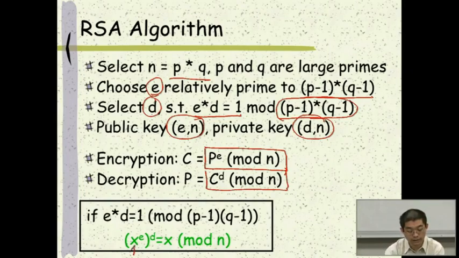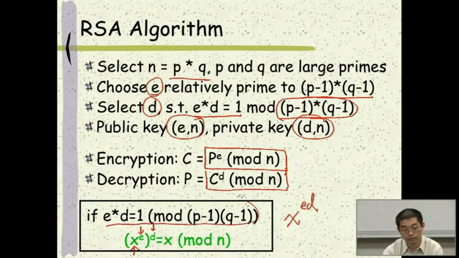If I have a message X, I do the encryption and then the decryption. From number theory, we know that X raised to the power E times D, as long as E times D mod (P minus 1) times (Q minus 1) equals 1, then X to the power E times D mod N equals X, which means you can get the original message back.